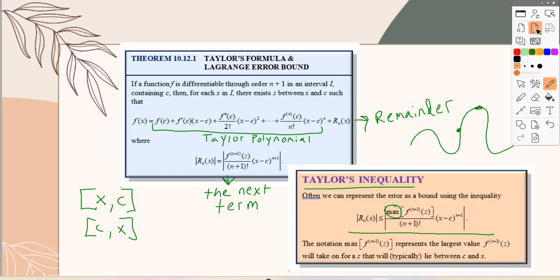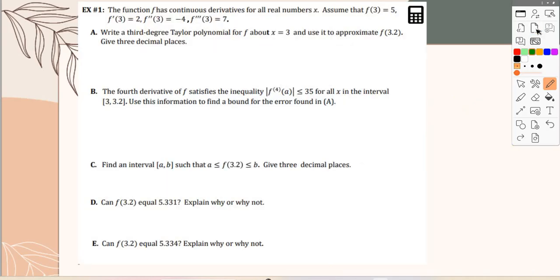Because like I said, it makes a little bit more sense when we actually have numbers to plug in there instead of just variables of everything. So, we have the function f has a continuous derivative for all real numbers x. Assume that f of 3 is 5, f prime of 3 is 2, f double prime of 3 is -4, and f triple prime of 3 is 7.